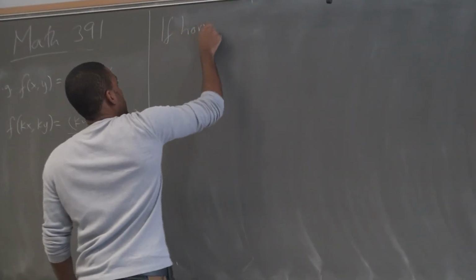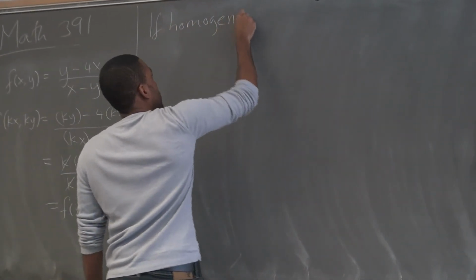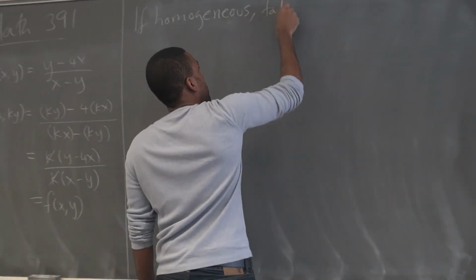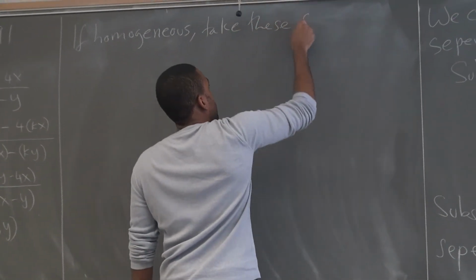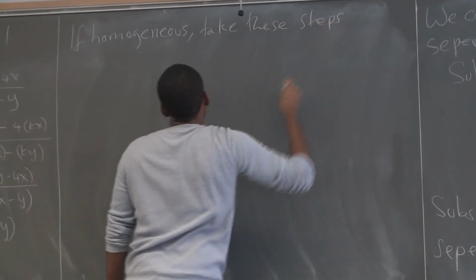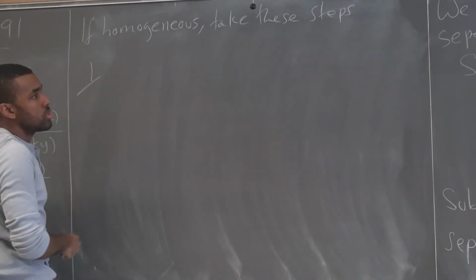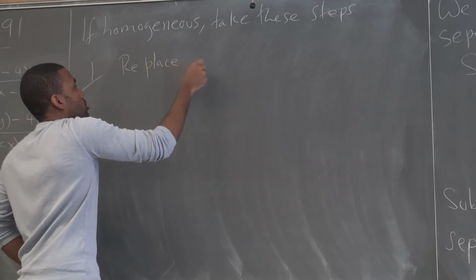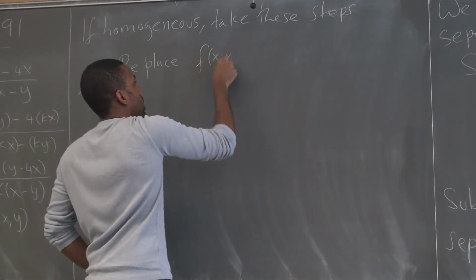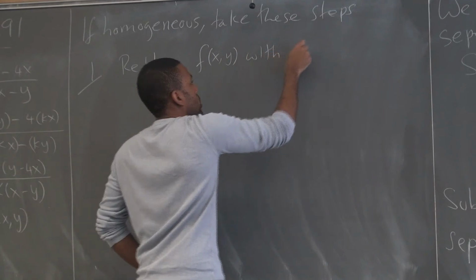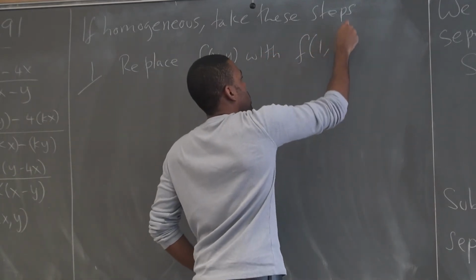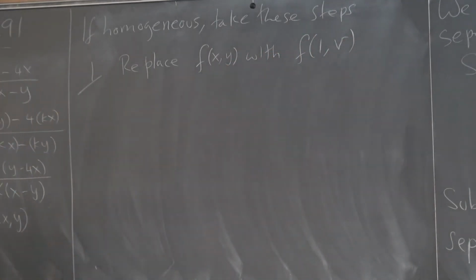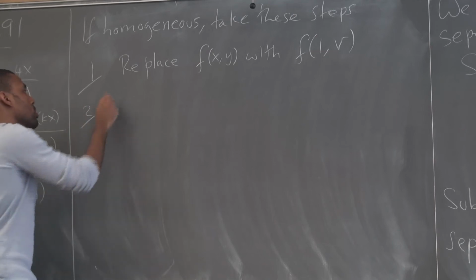If homogeneous, take these steps. 1. Replace f of x, y with f of 1, v. This is equivalent to taking all the y over x's and putting in v's. 2.